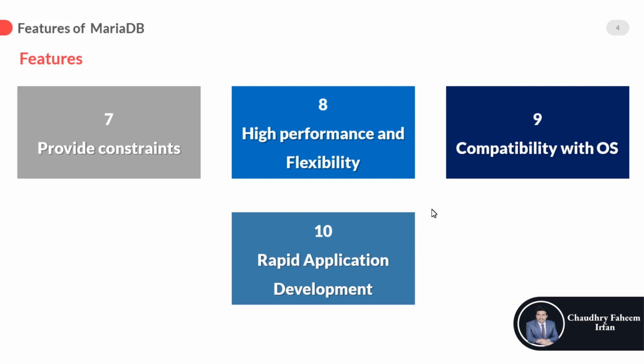The ninth one is compatibility with operating systems. We can install the Xampp server on any operating system. And the last one is rapid application development. Due to all these features, we can develop our applications quickly.